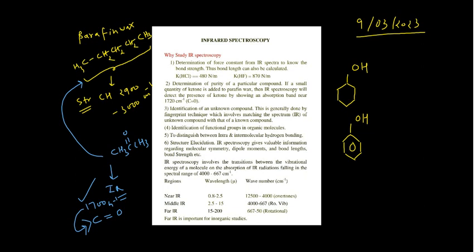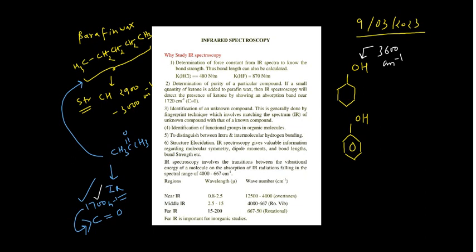For example, if you have the functionality of an alcohol, this OH group, you will find a band near about 3600 centimeter inverse. For carbonyl, I already told you, you can find it at 1700 centimeter inverse. There are many other functional groups also which you can identify with the help of IR spectroscopy. We will discuss all these things in much more detail in the subsequent lectures.